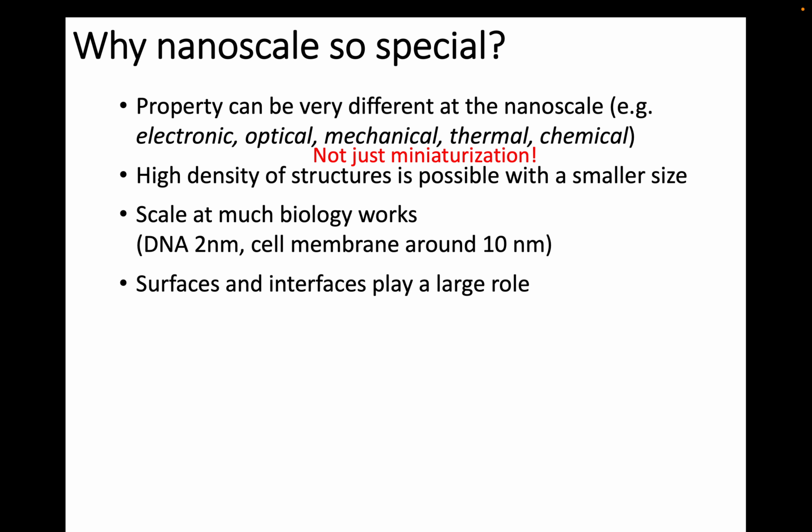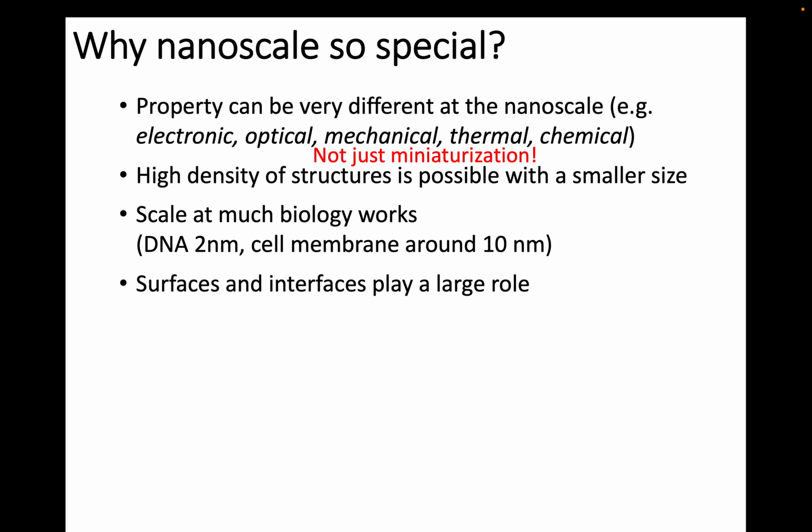For example, as I mentioned, DNA width is 2 nanometers, and cell membrane size is around 10 nanometers. What that means is that much of bioengineering deals with the nanoscale.